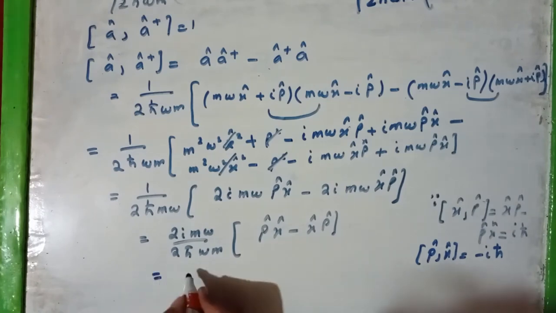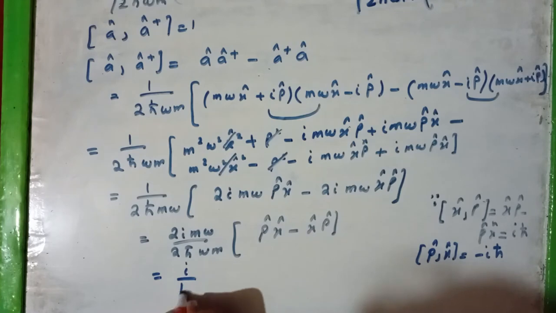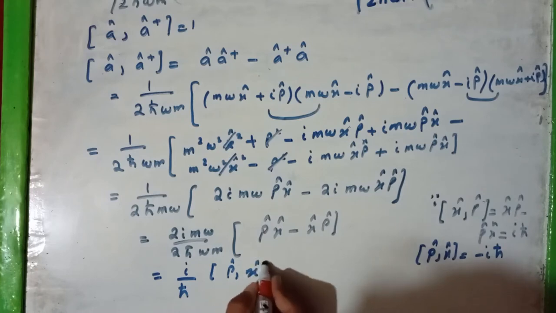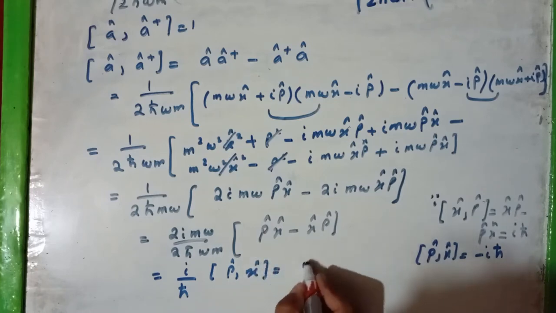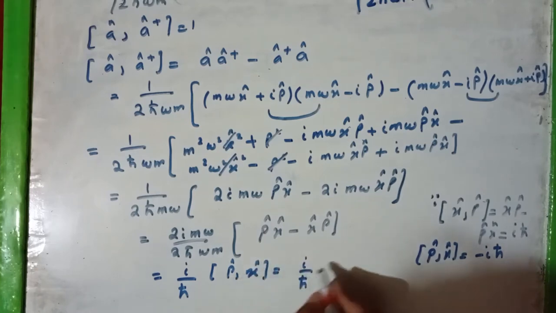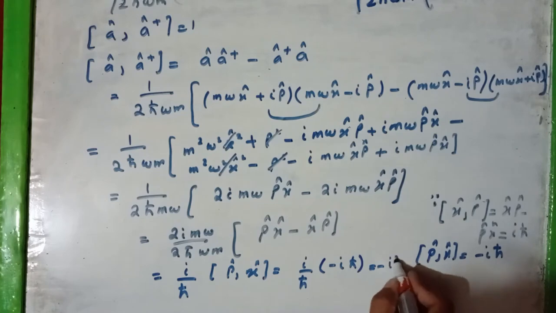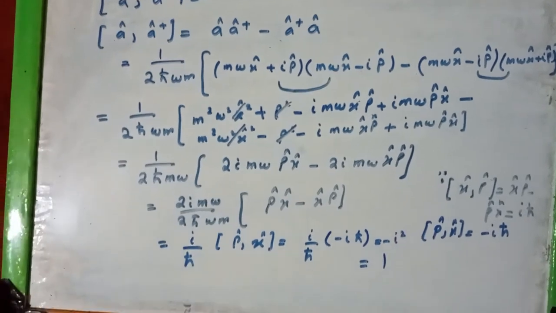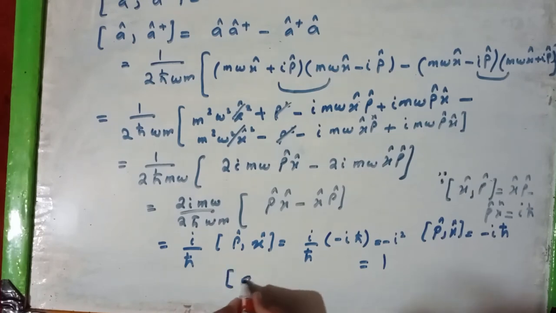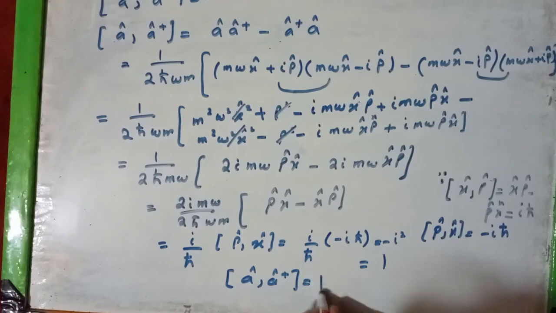So this is equal to i over h-bar times the commutator of p and x, which is i over h-bar multiplied by minus i h-bar, which is equal to minus i squared, which is equal to 1. So the commutator of a and a dagger is equal to 1.